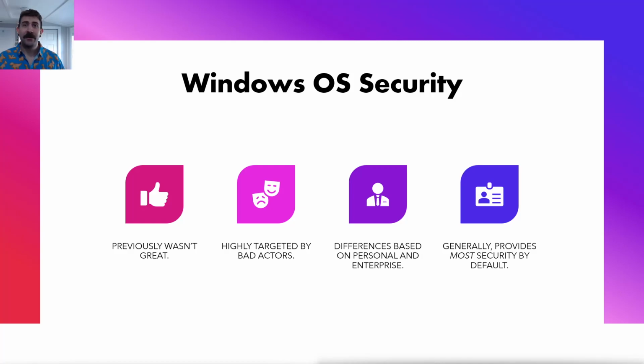That might sound weird with all of these other pillars involved, but Windows has come leaps and bounds over the last 10 years, even 5 years. They've invested heavily into their security stack out of the box, and they're doing this due diligence now. We're going to go ahead and move on to the next slide and start going over a little bit of those due diligence items that we're referring to.